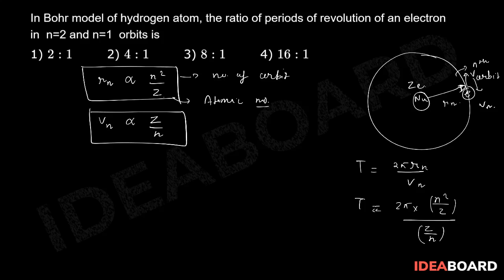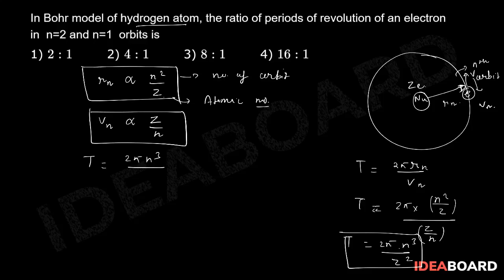So here T is equal to 2 pi into n cube upon z square only, right? So the general relation is T equal to 2 pi into n cube divided by z square.